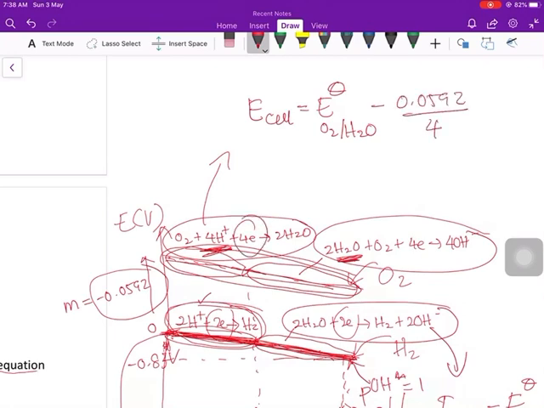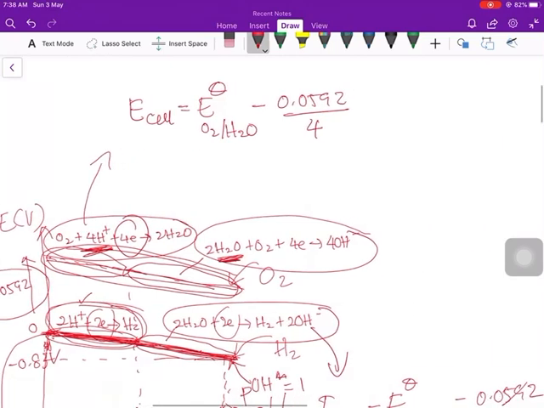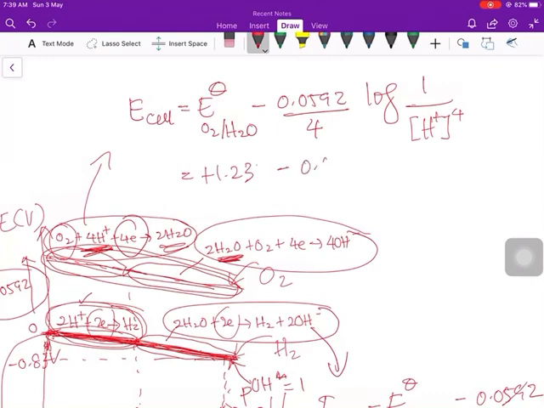So 0.0592 and n is 4, n log, this is water, 1 water. The pressure of oxygen is 1, and this hydrogen ion will affect the E cell of 4. So this is 1.23. Where did I get this? It's from the table, the standard of cell reaction.